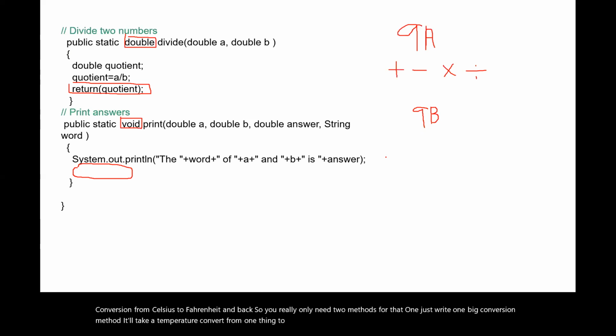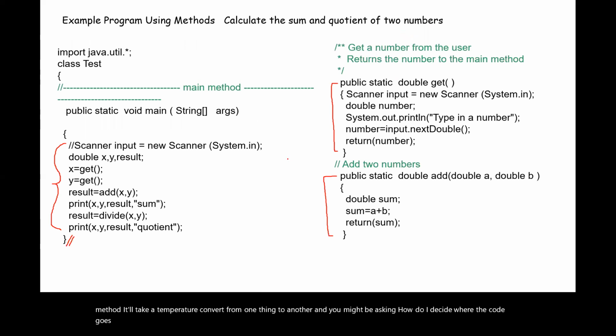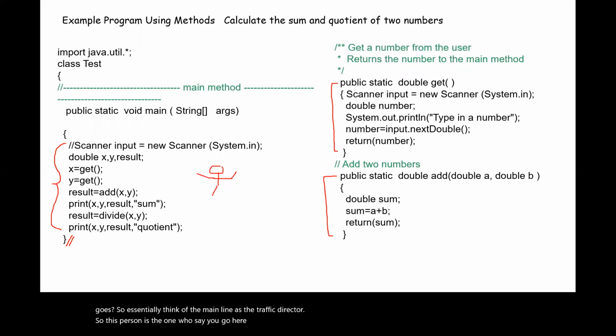And you might be asking, how do I decide where the code goes? So essentially think of the main line as the traffic director. So this person is the one who says, you go here, you go there, you do this, you do that. So all your if statements, all your while statements, all your repeats would go in the main method. Your methods are simple little things.